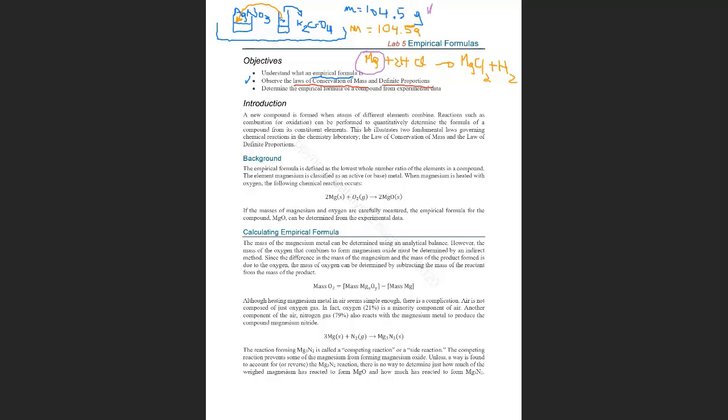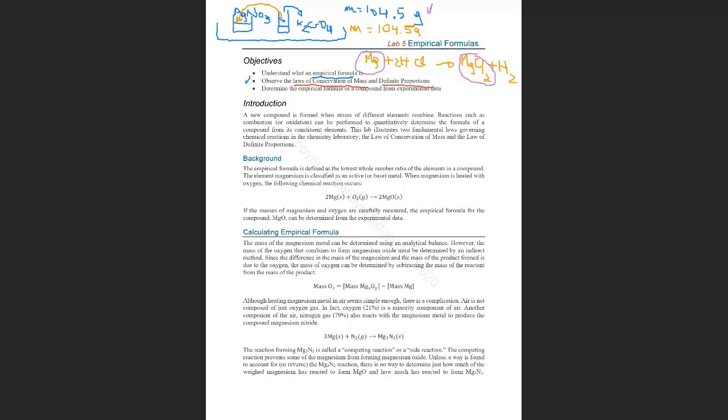In our experiment this week, we will measure the mass of magnesium before the reaction took place. And then we will measure the mass of the product, which is a white solid, after the reaction took place.